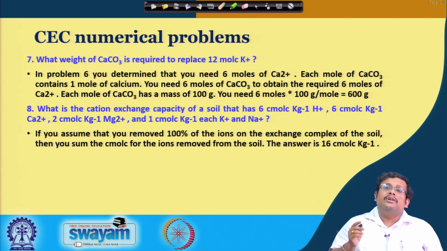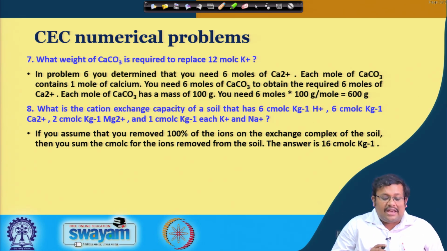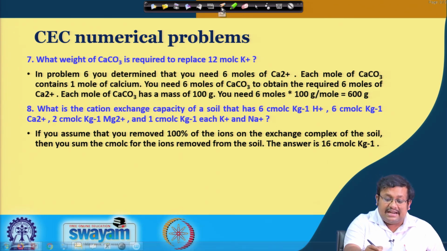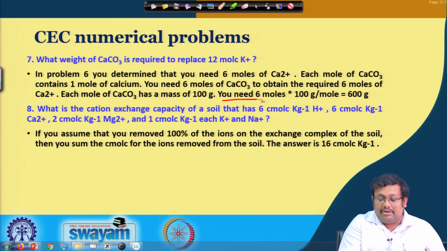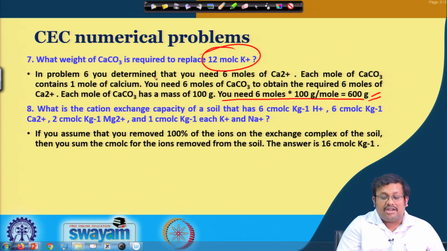If we consider that each mole of calcium comes from calcium carbonate, and the molar mass of calcium carbonate is 100 grams, then 6 moles will be 6 multiplied by 100, that is 600 grams. So, we need a total of 600 grams of calcium carbonate to replace 12 molar charge of potassium.